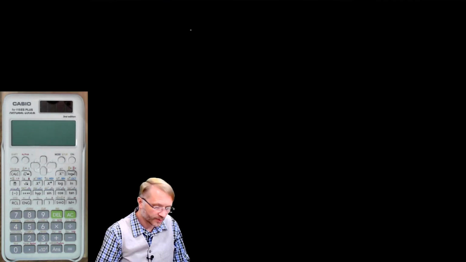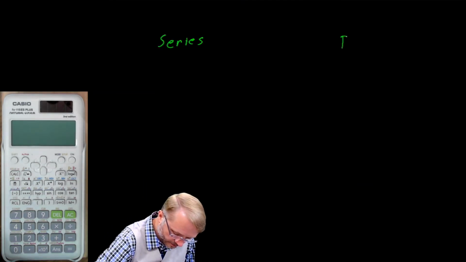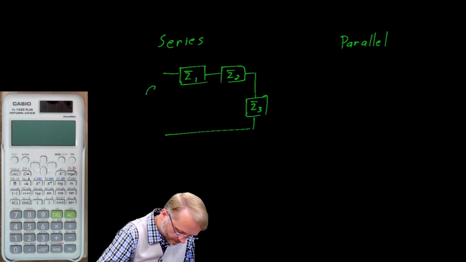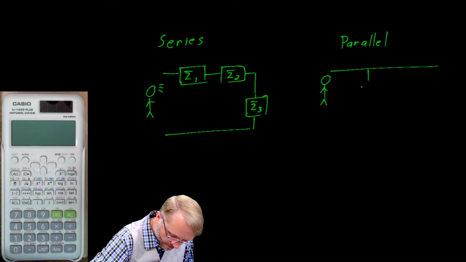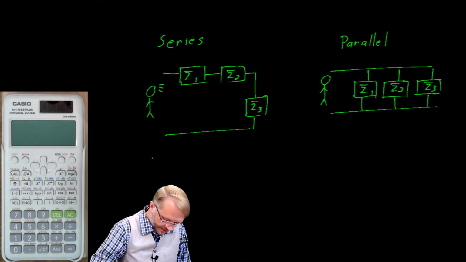Speaking of impedance, we can look at series and parallel connections. The rules are identical as they were for resistors.